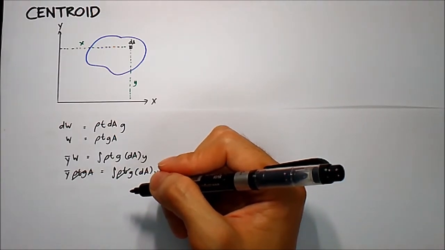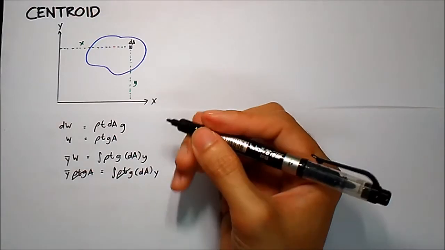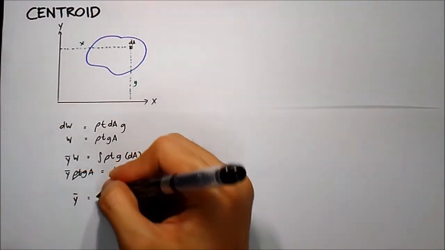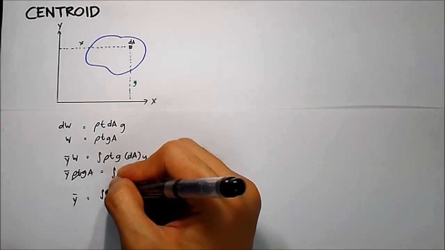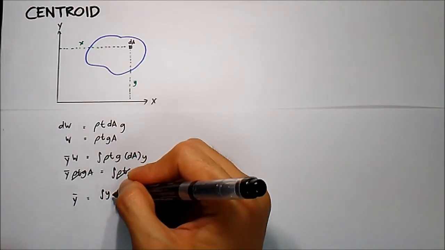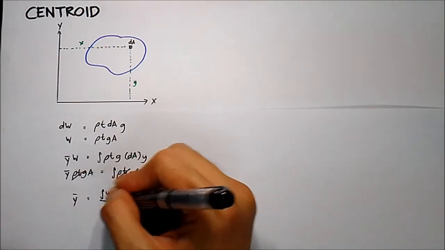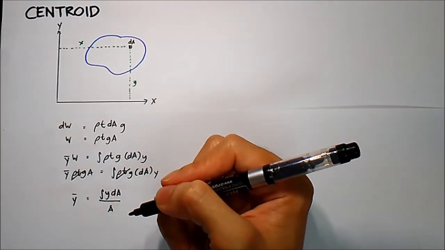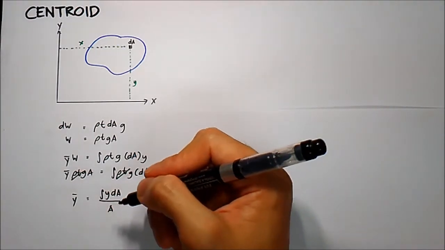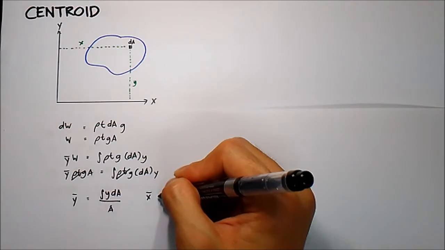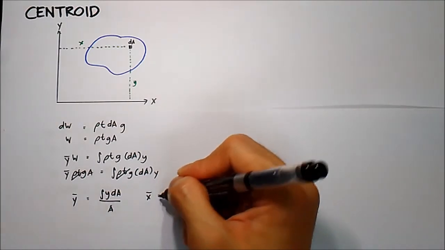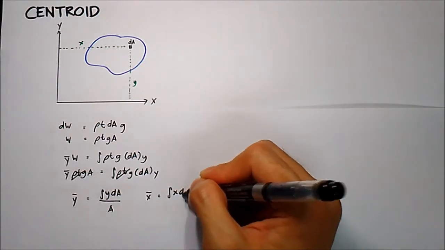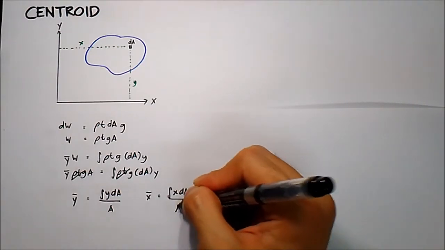Therefore, the location of the center of gravity with respect to the x-axis is given as y bar equal to the integral of y dA over the area. With reference to the y-axis, the centroid x bar is equal to the integral of x dA over the area.